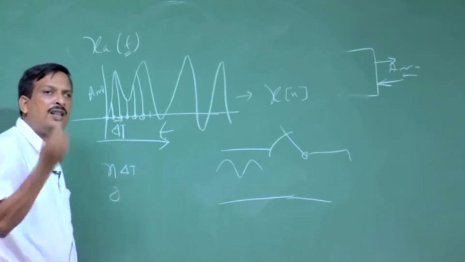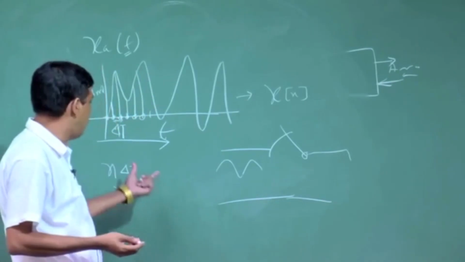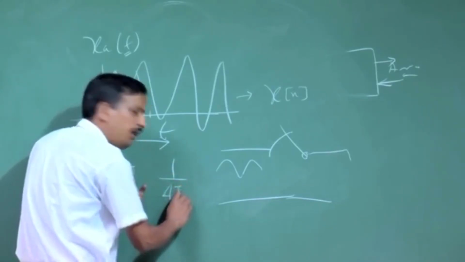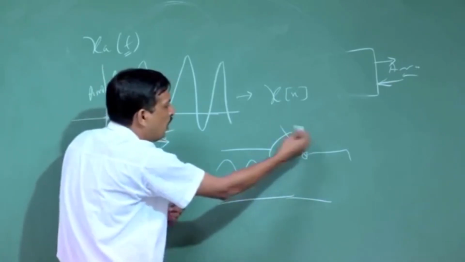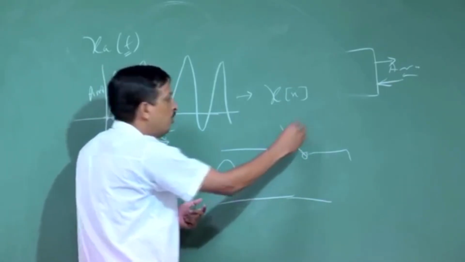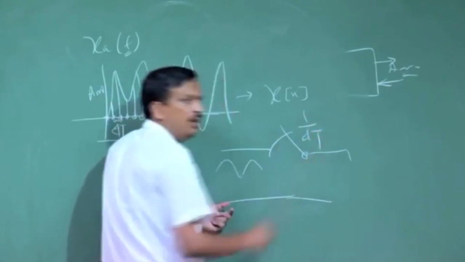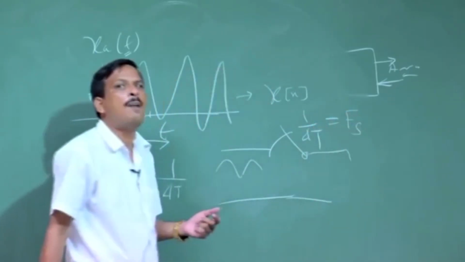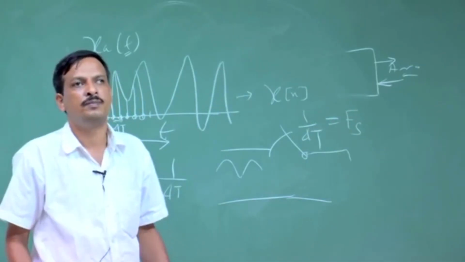If I think about the frequency representation of this delta t, 1 by delta t is the frequency of operation of this switch, which is called Fs, the sampling frequency.